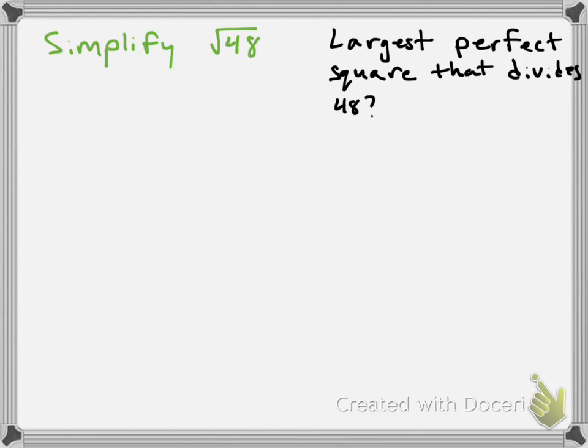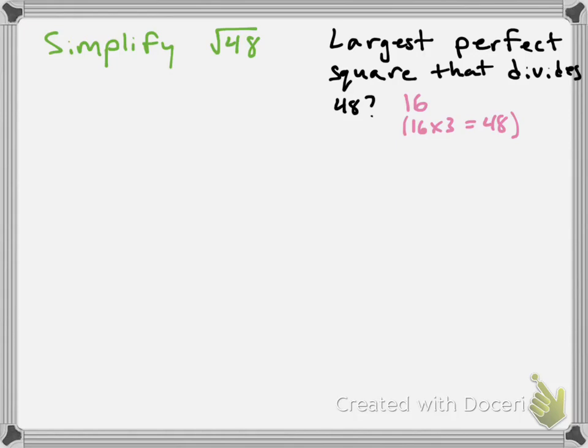The first few perfect squares are 1, 4, 9, 16, 25, because those are 1 squared, 2 squared, 3 squared, 4 squared, and 5 squared, and we can keep going if we want to. But we're looking for the largest perfect square that divides 48. The answer is 16, because 16 times 3 is 48.